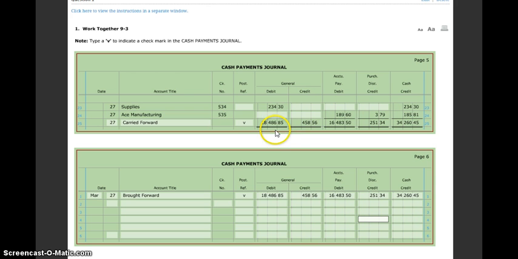And again, just double check your work to make sure you didn't transpose a number or make a mistake carrying these numbers down, because then it will mess up when you add them again at the end.